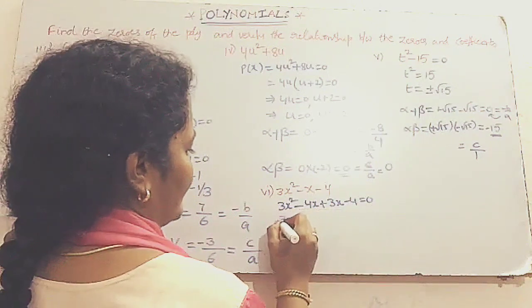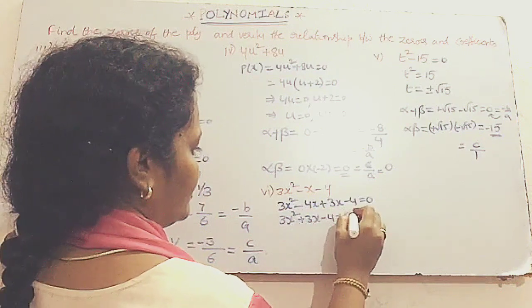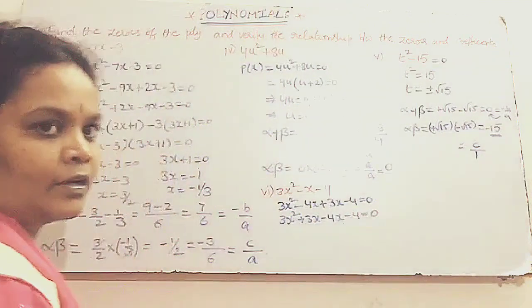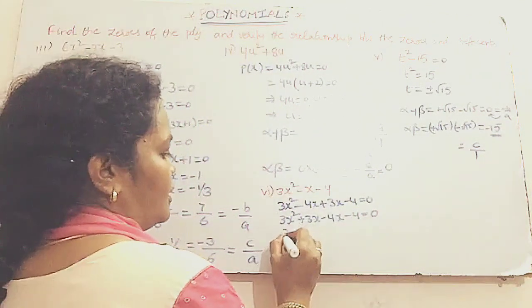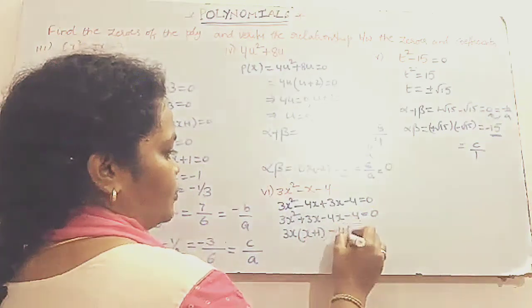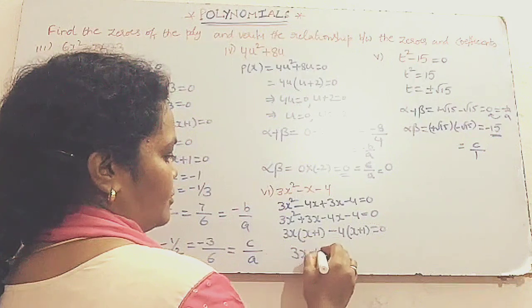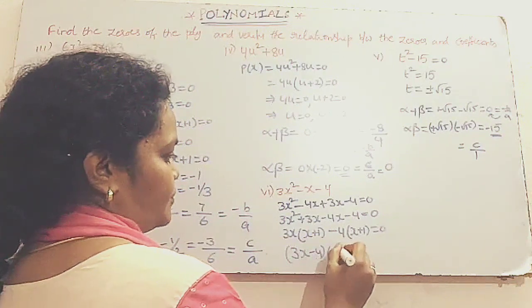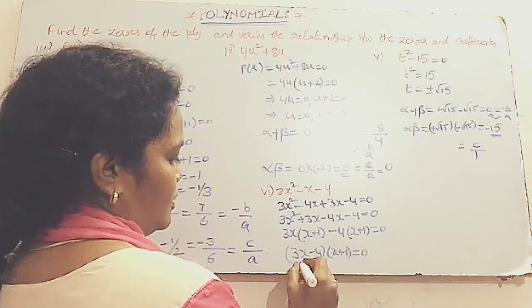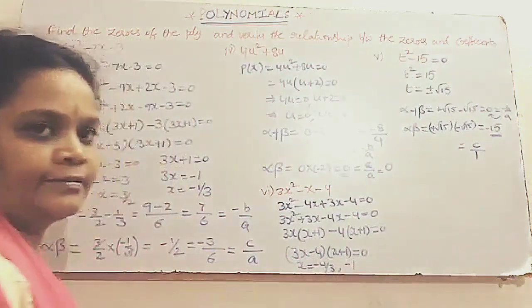Now I will write this as 3x² + 3x - 4x - 4 = 0. In this, both we will take 3x as common, so x + 1, and in this minus 4 common, x + 1 = 0. So (3x - 4)(x + 1) = 0. So x = 4/3 and -1.